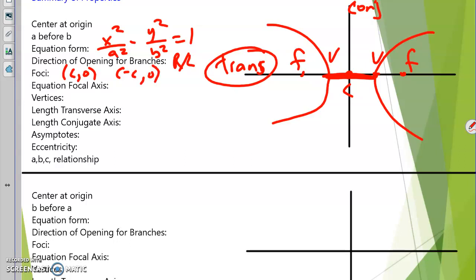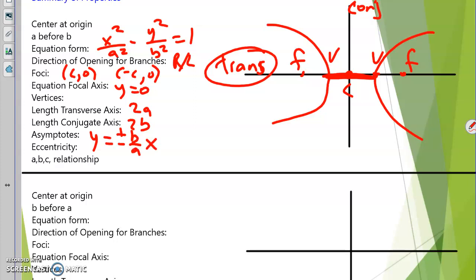Our focal axis is going to be, well, because the center is at the origin, we're going to be at y equals 0. Our transverse axis is going to be 2a, our conjugate axis is 2b. And our asymptotes, the ones that I talked about making the box, are going to be y equals plus or minus b over a x.